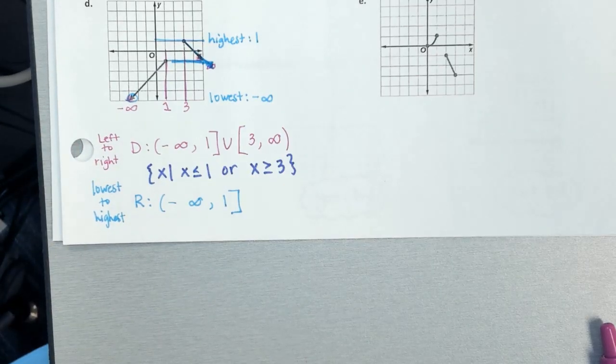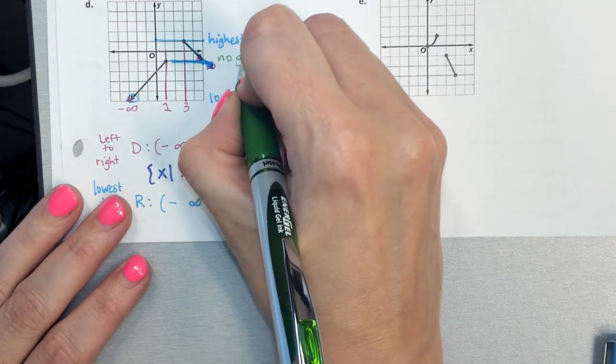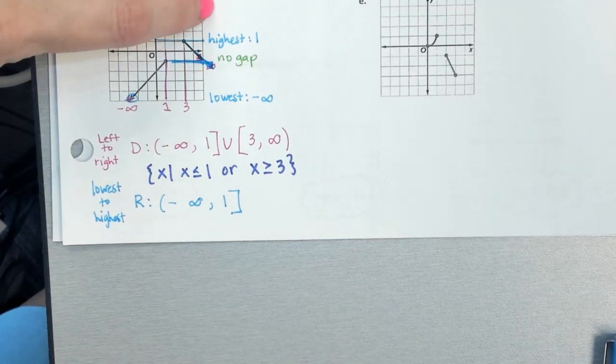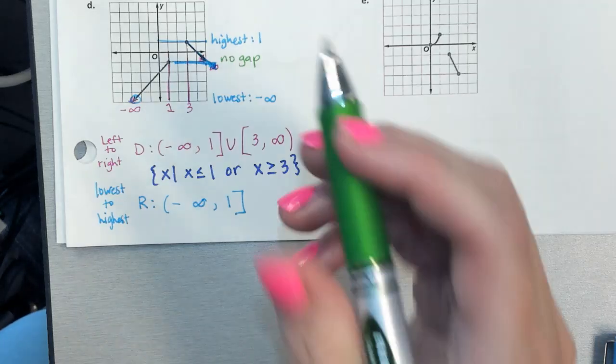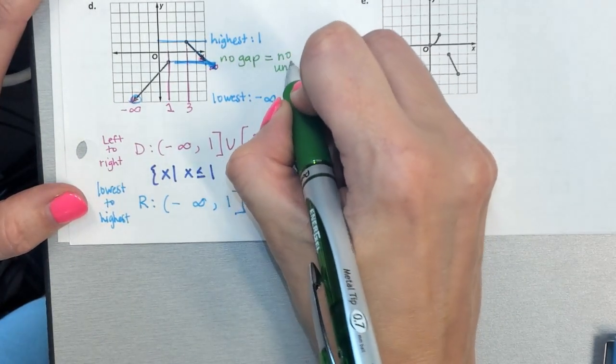Okay, there's not going to be a union, and that's because there's no gap here. Sometimes there is a gap. If this arrow was going in the positive direction, you would have a union here. But if there's no gap, there's no union needed.